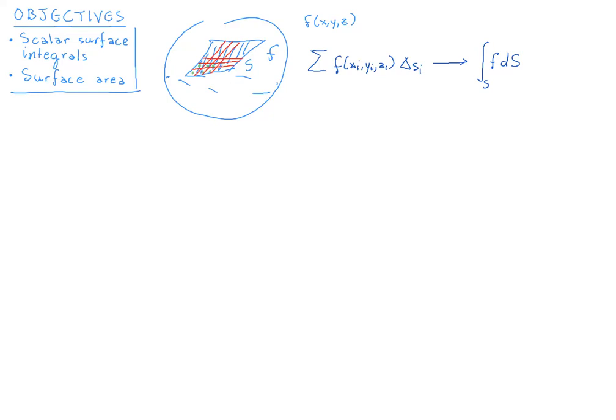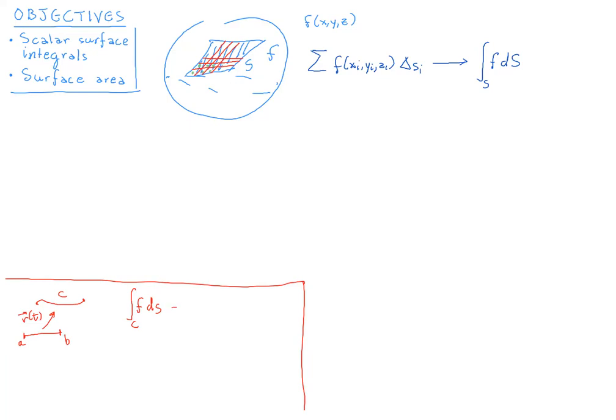Now, we should expect this whole process to be quite analogous to what we did in the case of scalar line integrals. It might be a good idea to recall what we did in that case. We had our path C. We wanted to compute the scalar line integral of f along C. And for that, we needed a parameterization from an interval AB.